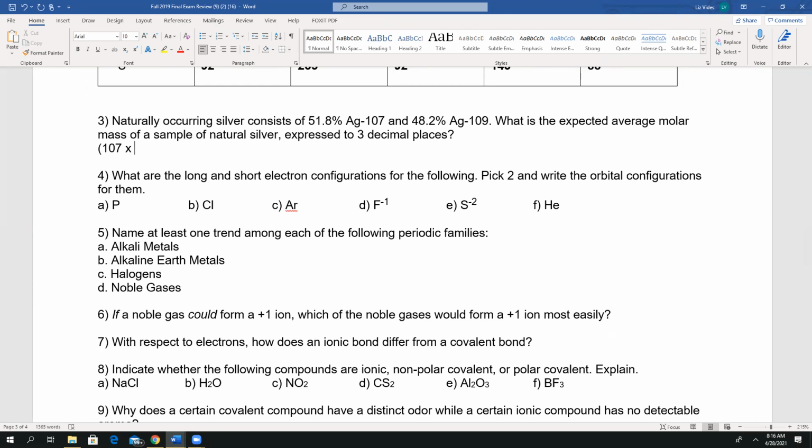So you got to divide 51.8 into 100, and that'll give you 0.518, right? And then add it to the next one, which is 109, times the same thing, so 0.482. Close it, and then equals.